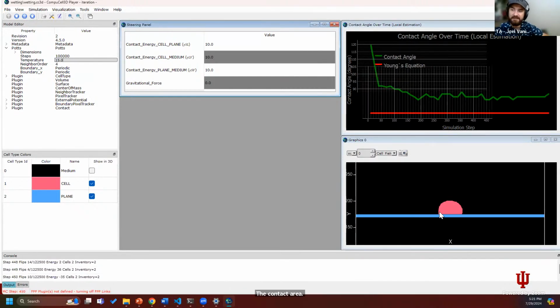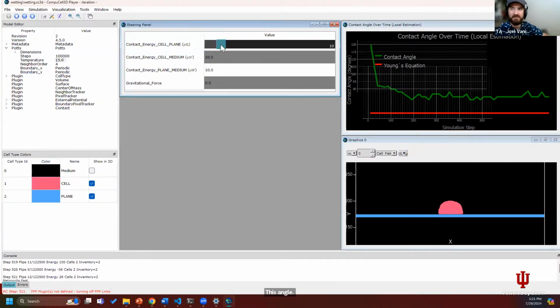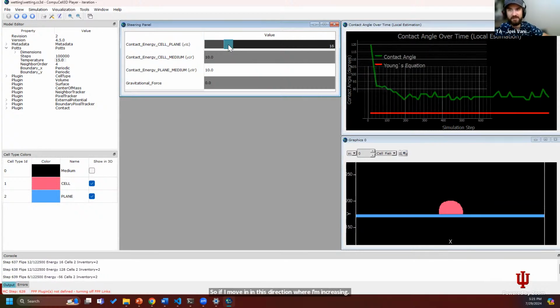You find that this angle is again a little bit above it. But when we start moving these sliders, if I move in this direction where I'm increasing the cell-plane energy, what should happen? What do you guys think should happen?